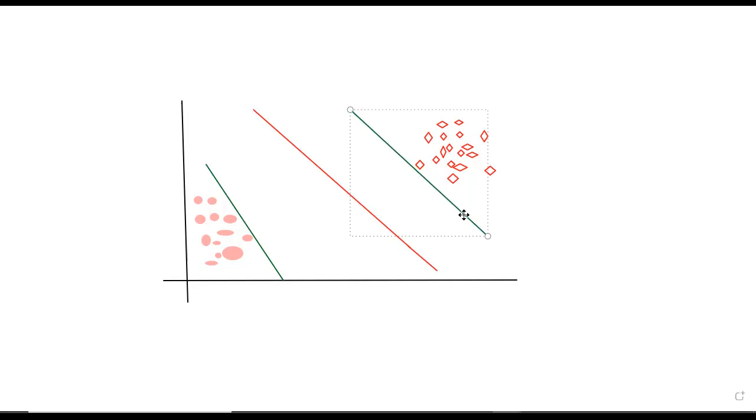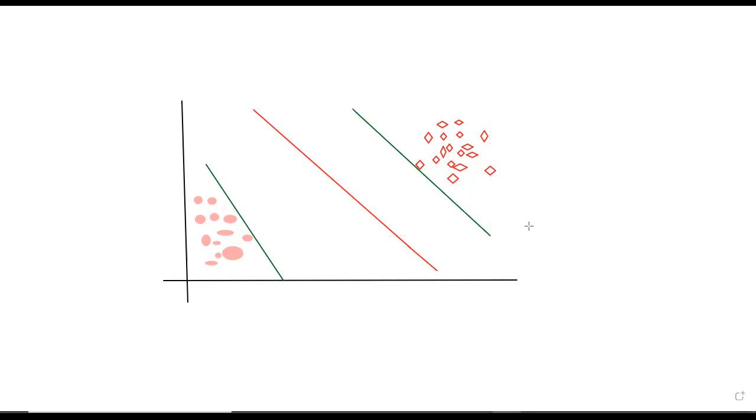So these data points are called support vectors. The line that you draw touching the last data point, they are actually called support vectors. So in the support vector algorithm, the term support vector comes from here, the hyperplane connecting the last data points.